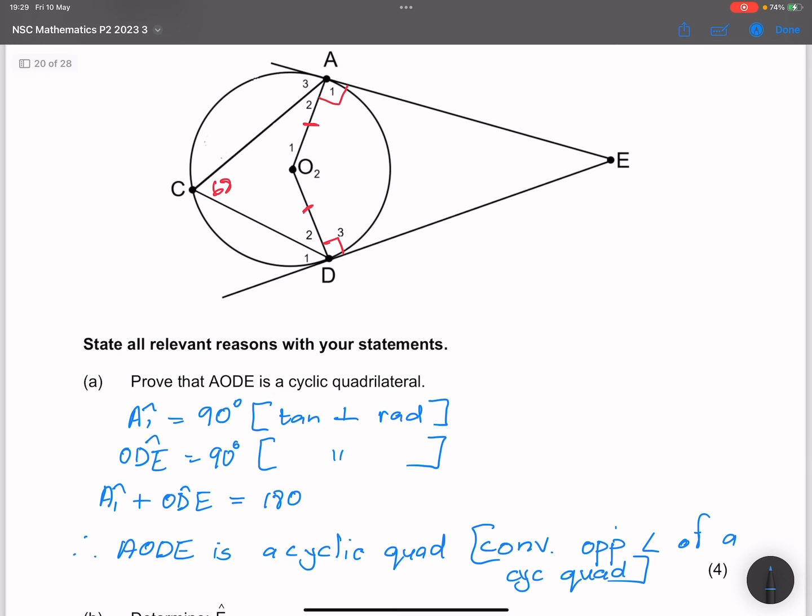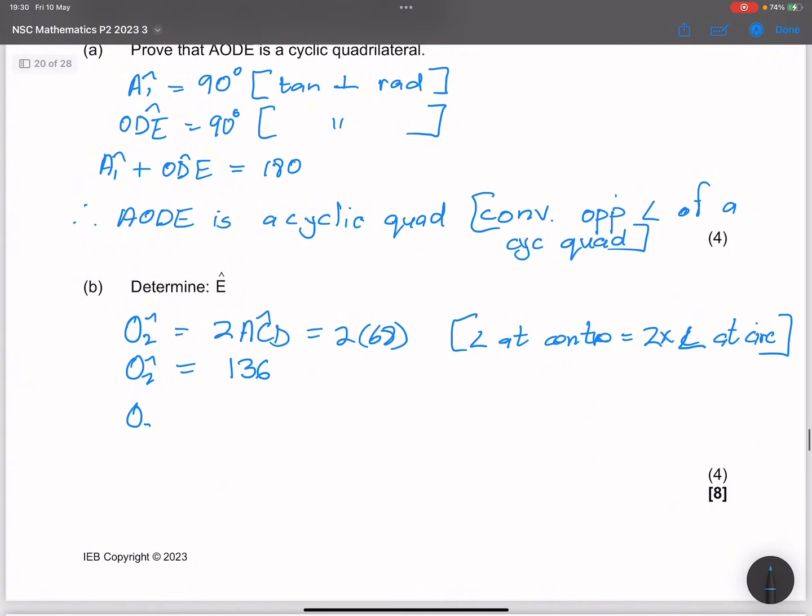AODE is a cyclic quad, so that means O2 plus angle E would be equal to 180, and these are opposite angles of a cyclic quad, right?